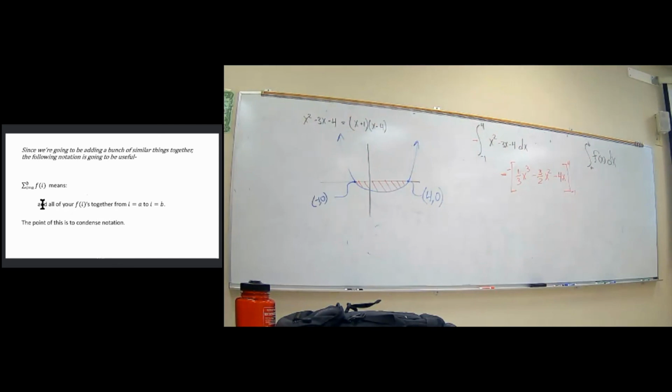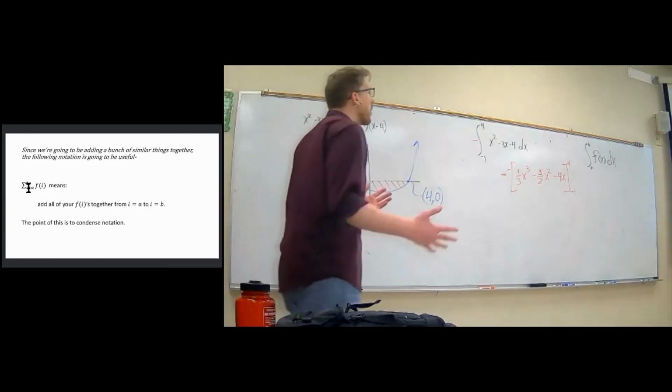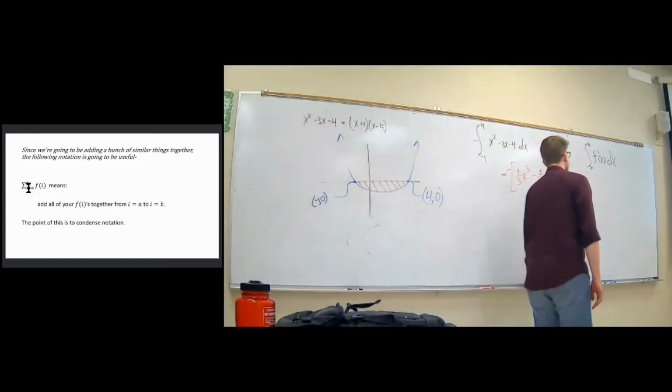So the notation we're going to use is this funny looking E with an upper bound and a lower bound, and something that looks like a function, right? And what this is telling us is you're going to do your function on each individual step value from A to B. Now, what does that mean? What do I mean by that? Let me show you.